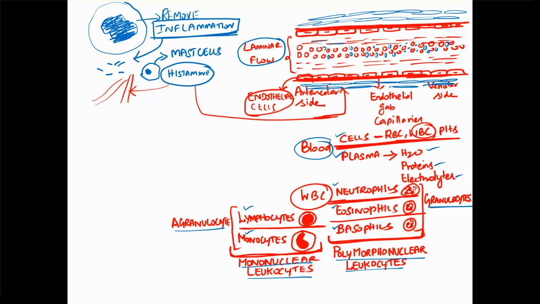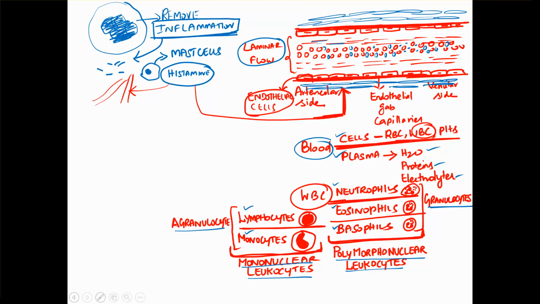The histamine acts on the smooth muscle cells in the wall of the blood vessels. Once it acts on the smooth muscle cells, the blood vessel immediately goes for vasodilation.